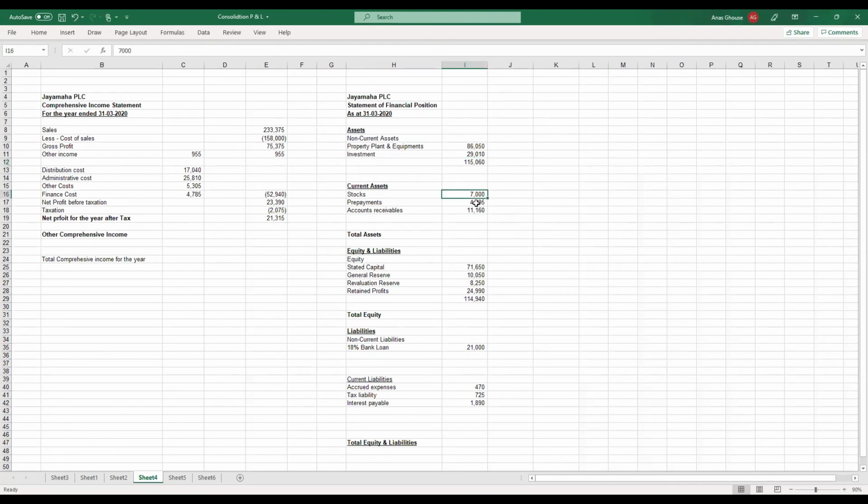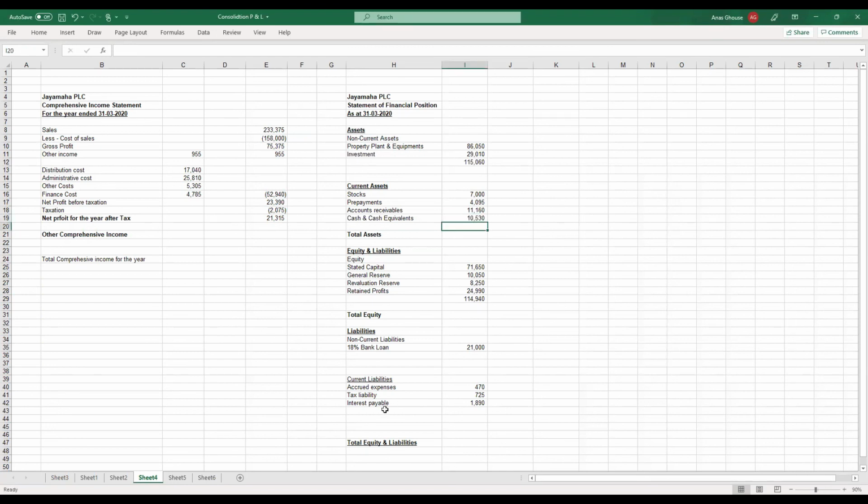We have stocks 4,090,000, prepayments, accounts receivable 11,160,000. We have cash and cash equivalents. How much? If you add up these two totals, 10,530,000.